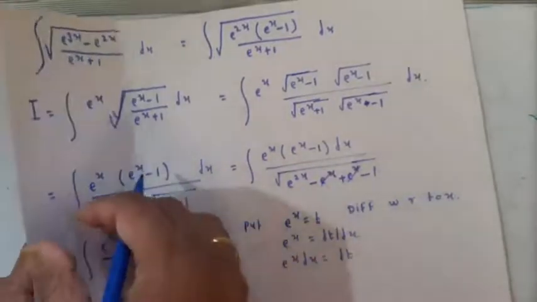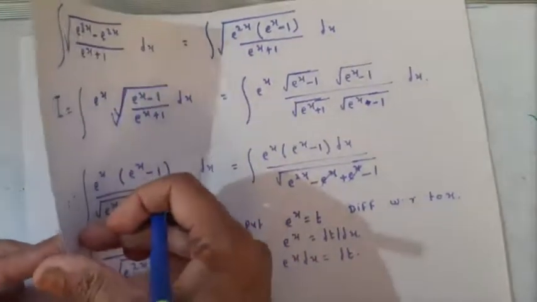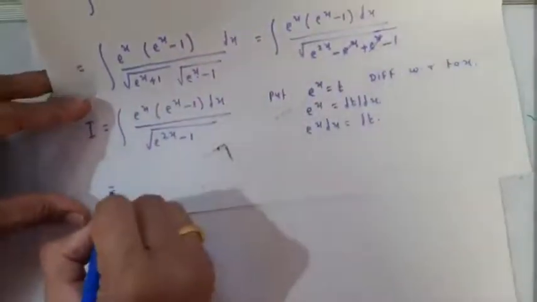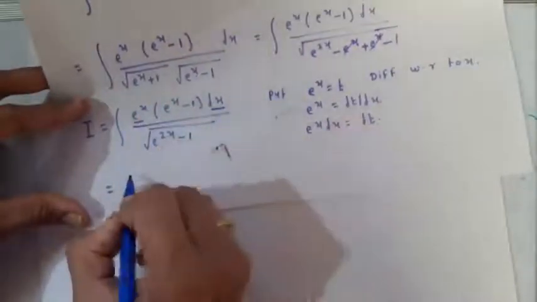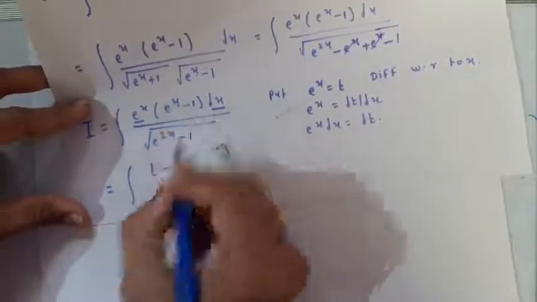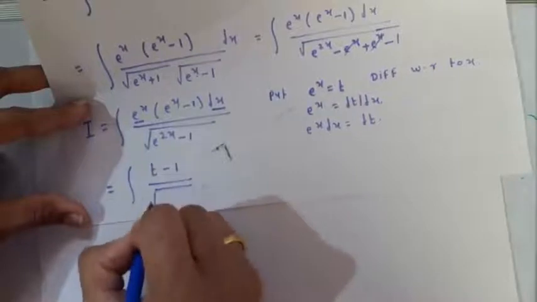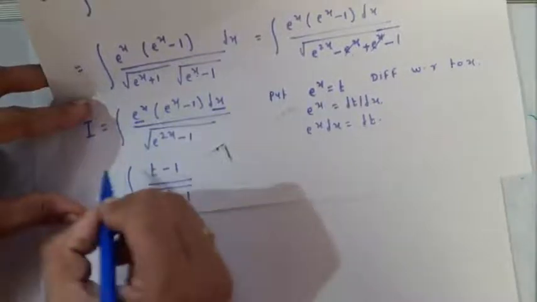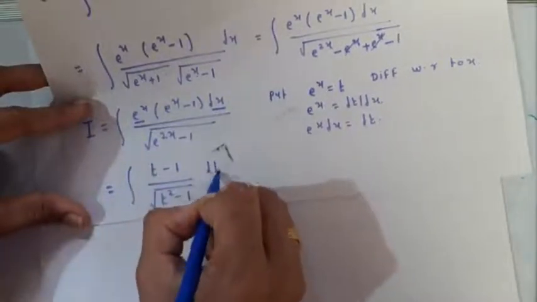Therefore the integration will be, with e raised to x dx as dt and e raised to x as t, (t minus 1) upon square root of t square minus 1 with respect to t.